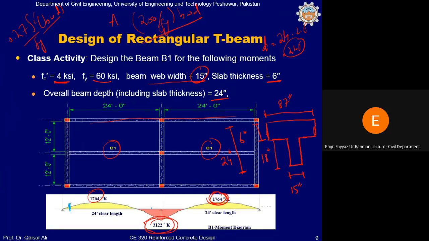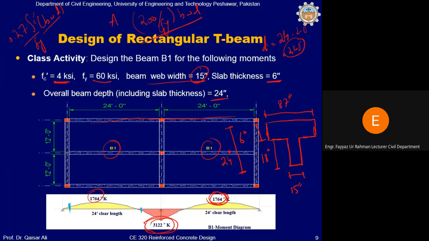But if you see at the interior support, here there is no positive moment. Okay. So at L by 8 from the interior support you can curtail the bars.